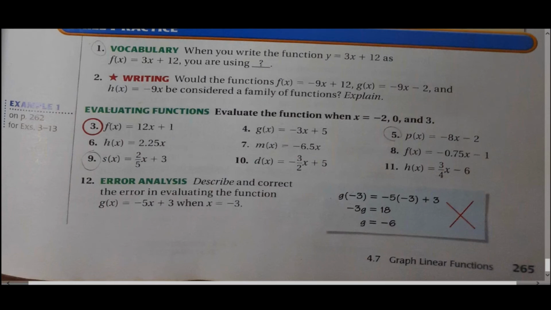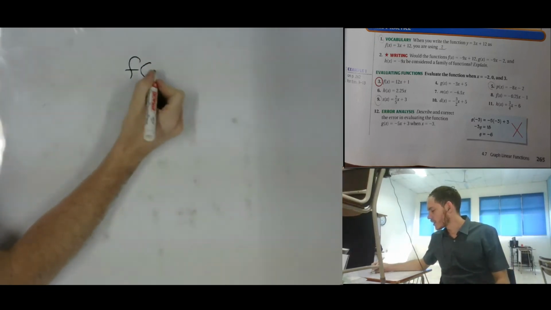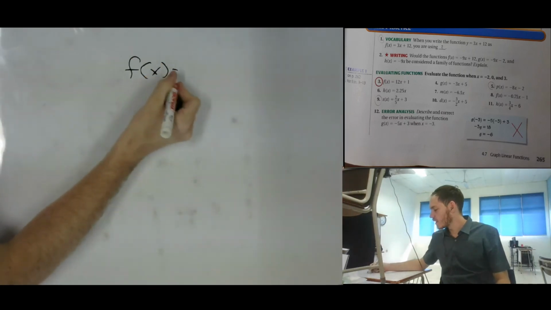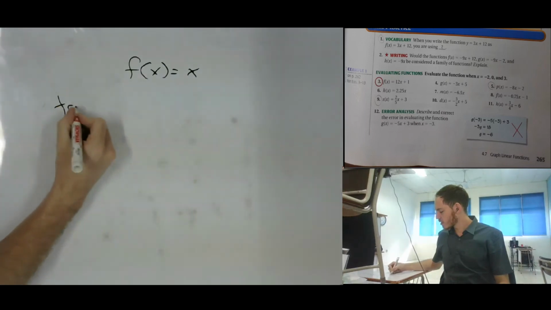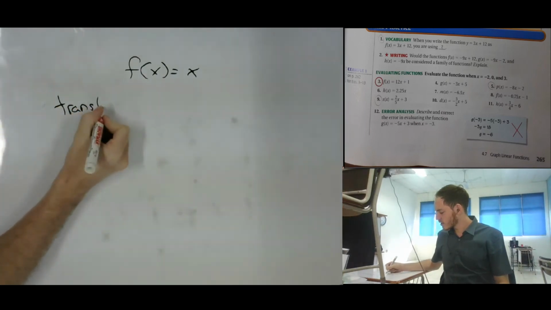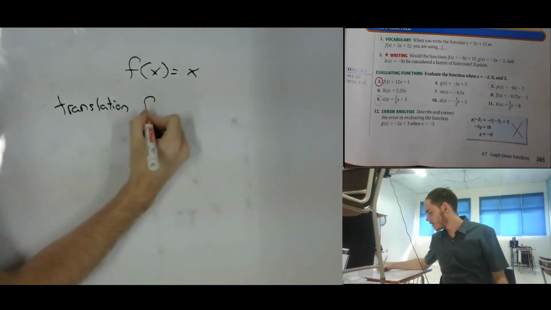So, a brief overview of stretches, shrinks, and vertical shift. So, our parent function is what? f of x equals x. Okay, translations. A translation has the same slope, but what changed?